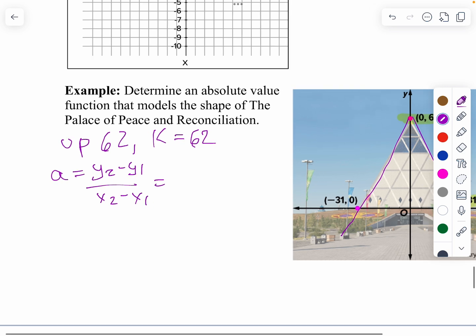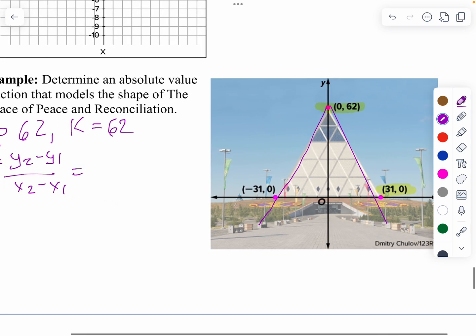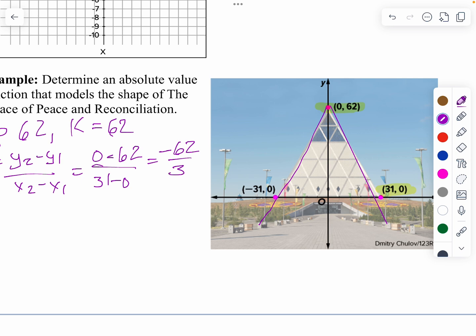So we subtract our y's: 0 minus 62 over 31 minus 0. So you get negative 62 over 31. Well, negative 62 divided by 31, that's negative 2, isn't it? So that's my A. A is negative 2.